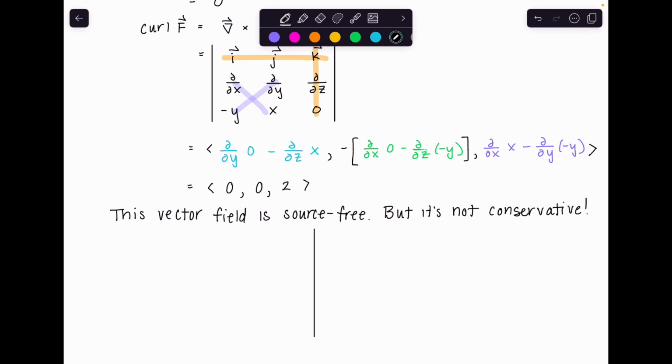So if you remember plotting this one, what we ended up getting was a bunch of vectors like this that traveled on that unit circle. They were all the same length. And so you see, you would essentially curl in place.